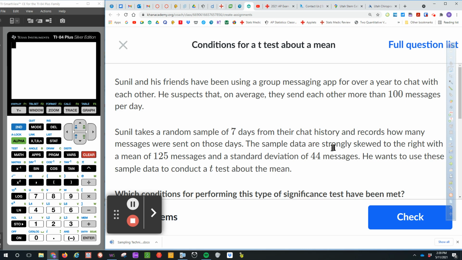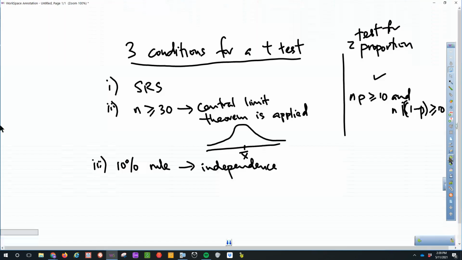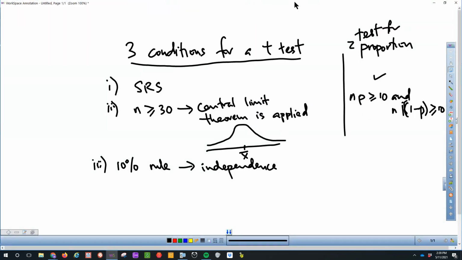Here it says that the sample is skewed. So let me go back and perhaps rewrite this a little bit. If the sample size is less than 30, the CLT, which is the central limit theorem, is not applied.